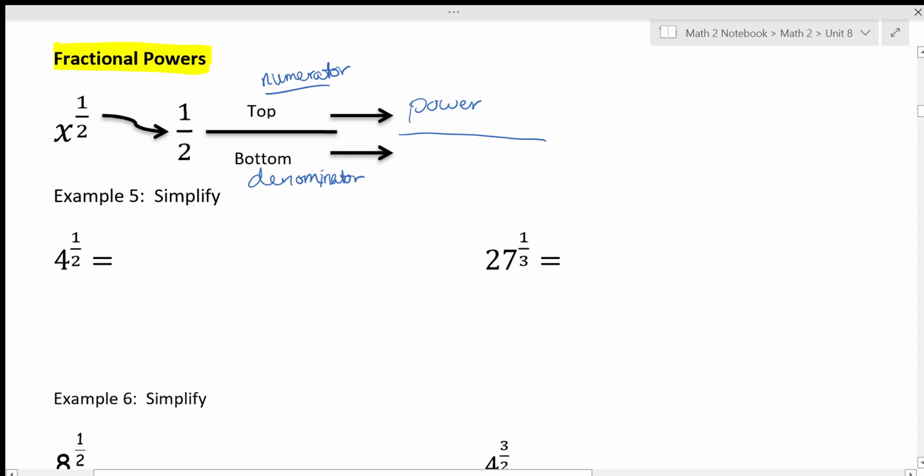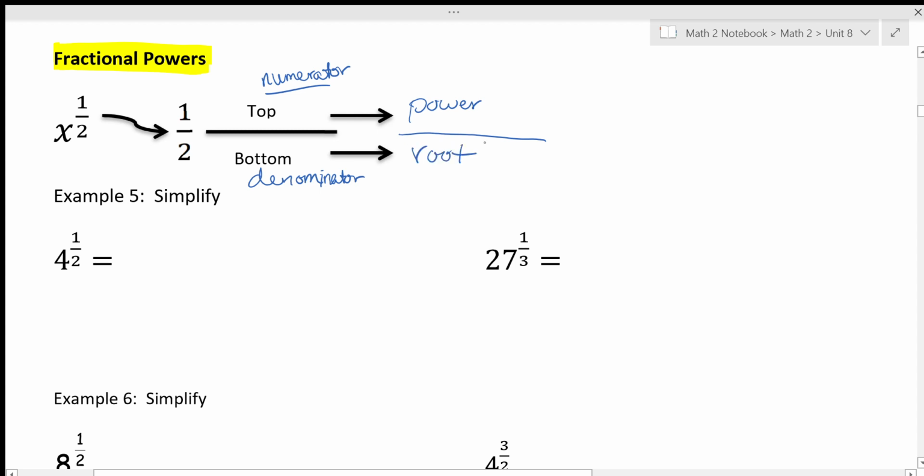So whatever the numerator of our fraction is in the exponent is the power that we're raising the base to. And then whatever the number on the bottom is the root that we're trying to find. Like square root, cube root, fourth root, right?